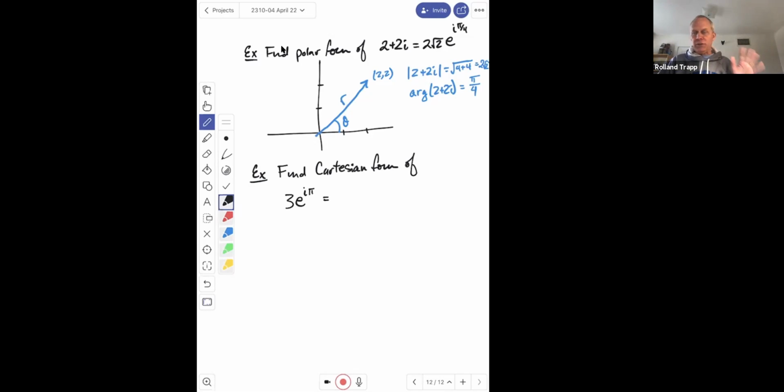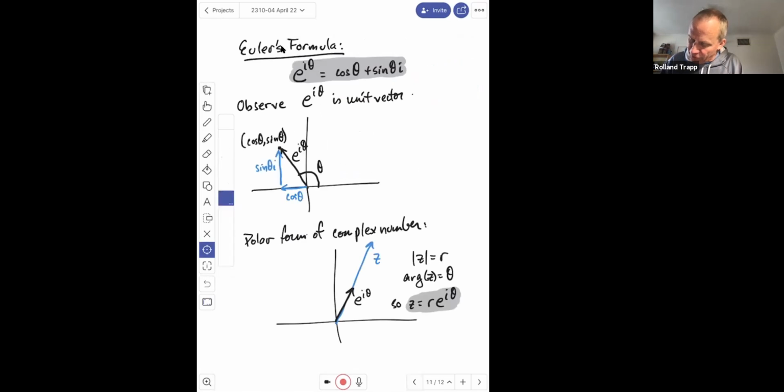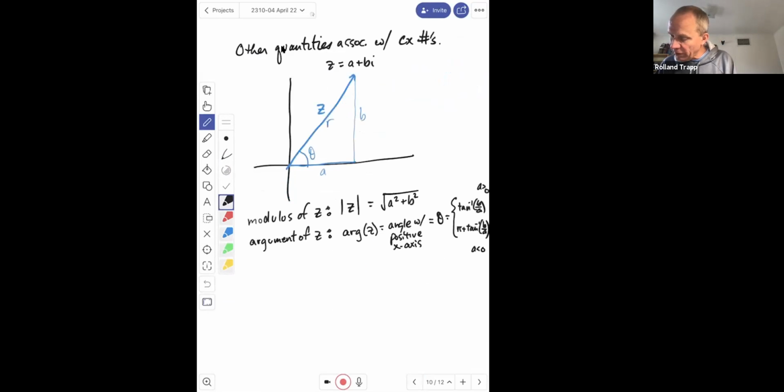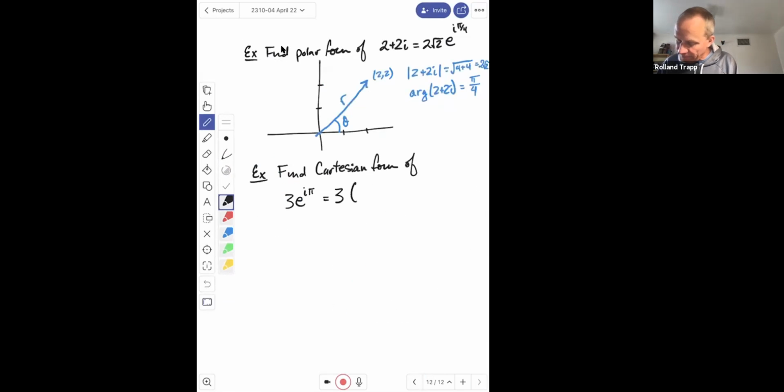Now, eventually you'll get used to it. For now, this is maybe the first time you've seen it. So we're going to just say that e to the i pi is cosine pi plus sine pi times i.